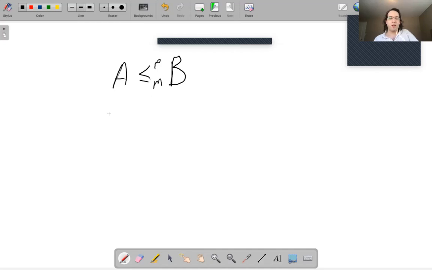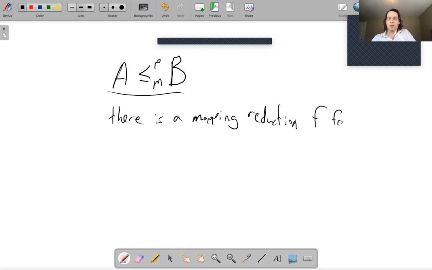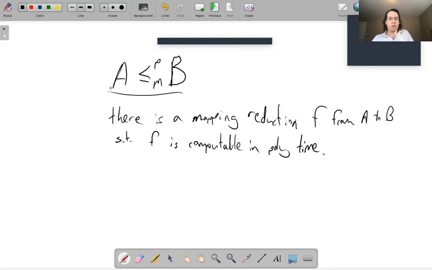This means that there is a mapping reduction f from A to B, such that f is computable in polynomial time. So that's what this means.